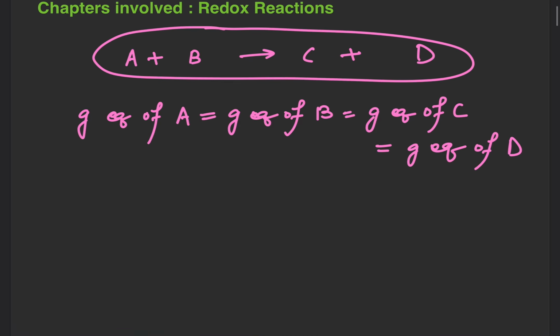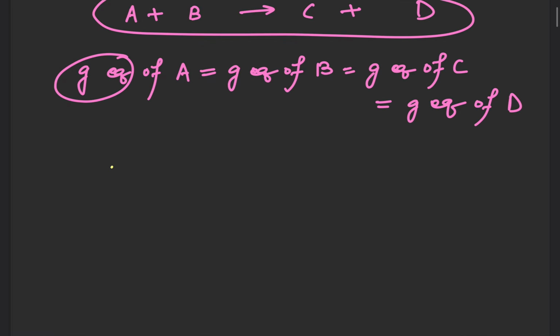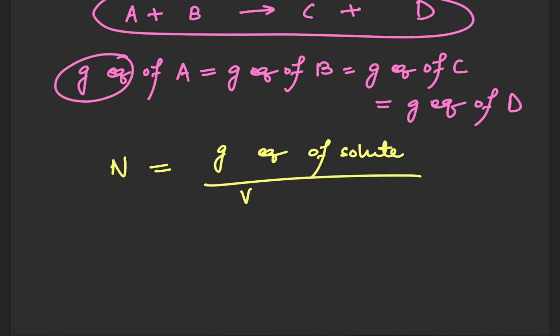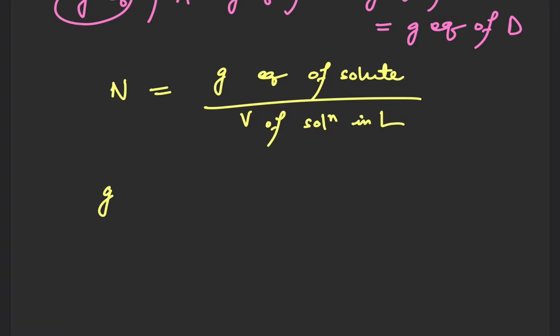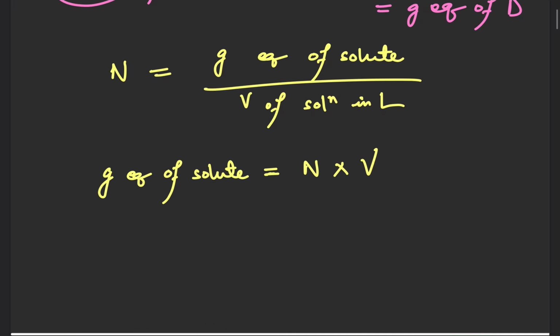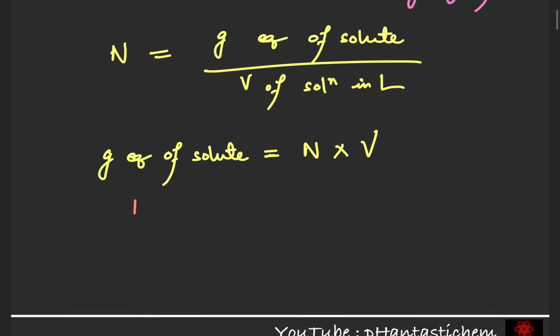To calculate the gram equivalence of any substance, we know that normality is equal to gram equivalence of solute divided by volume of solution in liters. Therefore gram equivalence of solute is equal to normality into volume of the solution in liters. We also know that normality is equal to n factor into molarity.